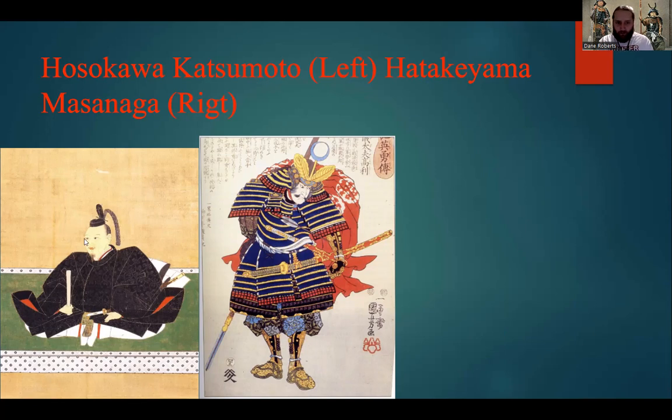This is Hosokawa Katsumoto. This is not actually Hatakeyama Masanaga; there are no images that I could find of him. However, Hatakeyama Masanaga is famous for creating this sort of billowing cloak contraption that you see behind him, that was used as a makeshift shield to catch arrows as samurai were fleeing on horseback, or if they were charging into battle and somebody with a bow got behind them, then it would catch it.